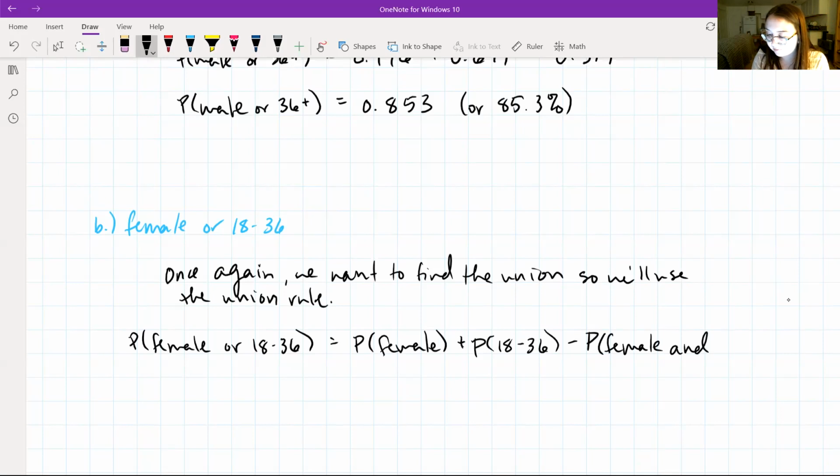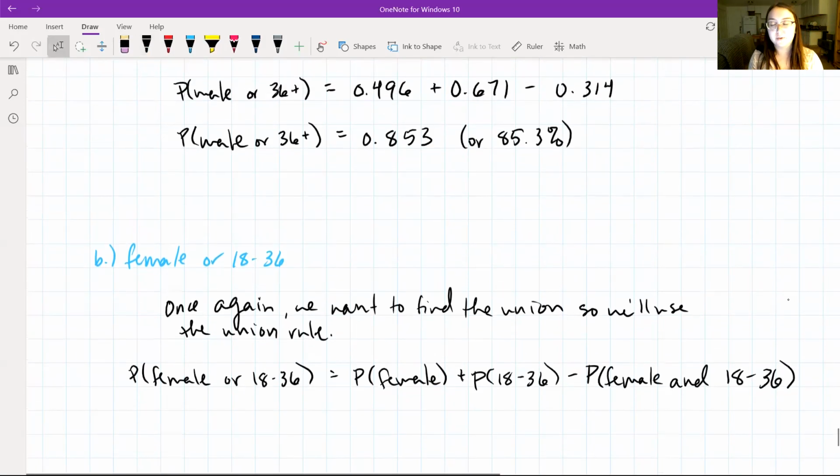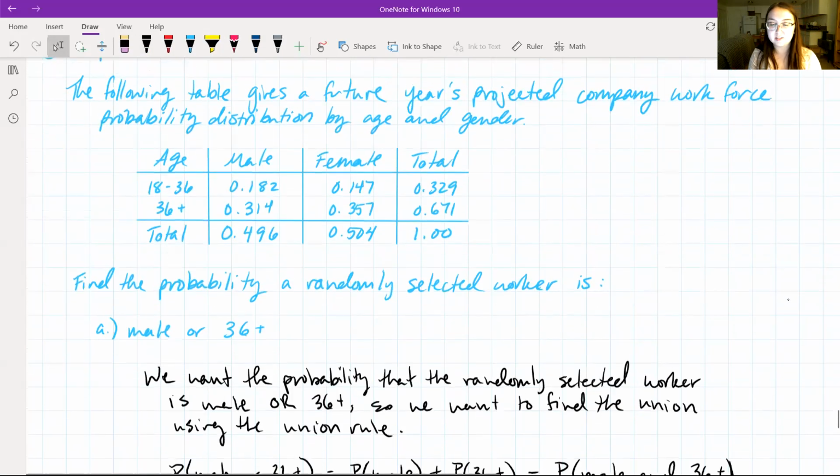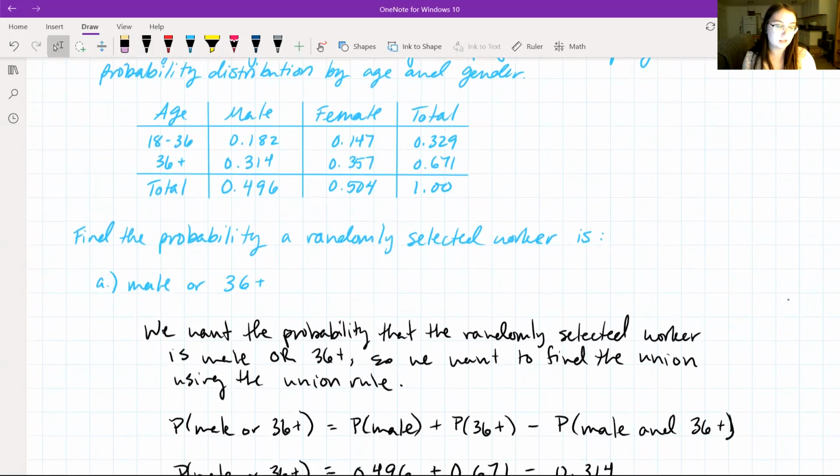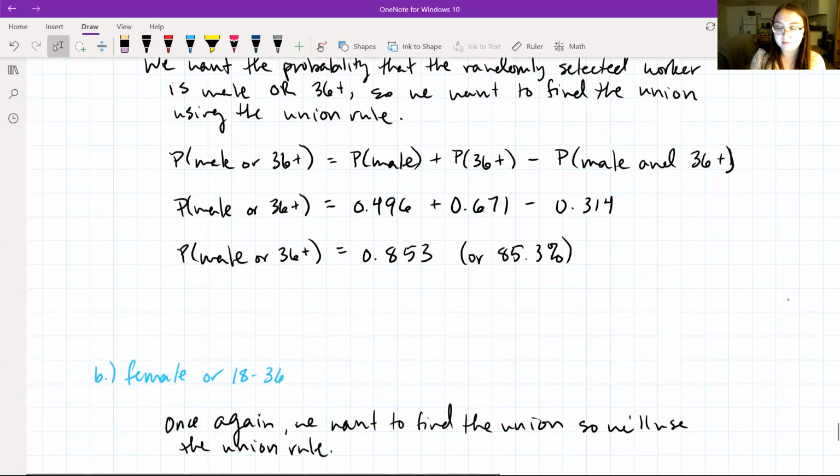and 18 to 36 years old. So we know these values, they're in our table. We see the probability of a worker being female is 0.504.